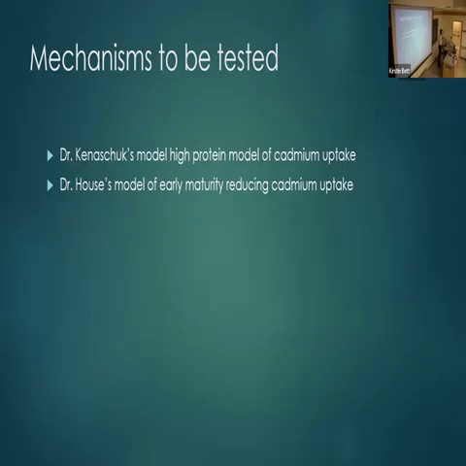Dr. Kenishuk in the past associated high cadmium with high protein, and if there's enough protein data, or any protein data, we will test that out. The other one is Dr. House's personal model that early maturity reduces cadmium uptake. If there's enough data, I'll be testing that one out.